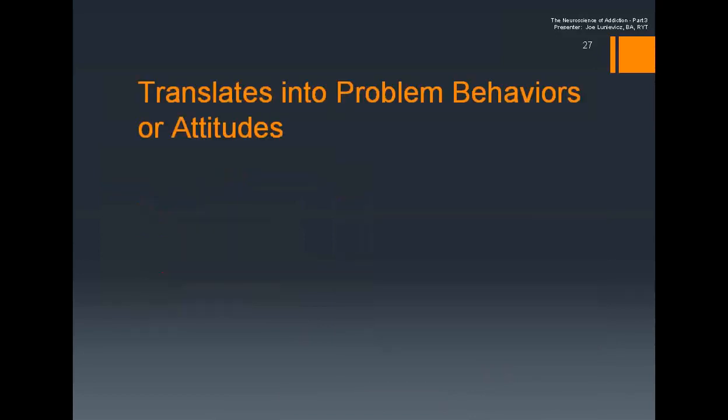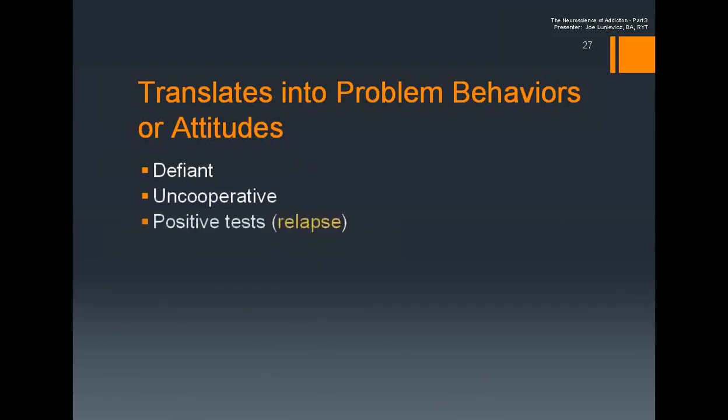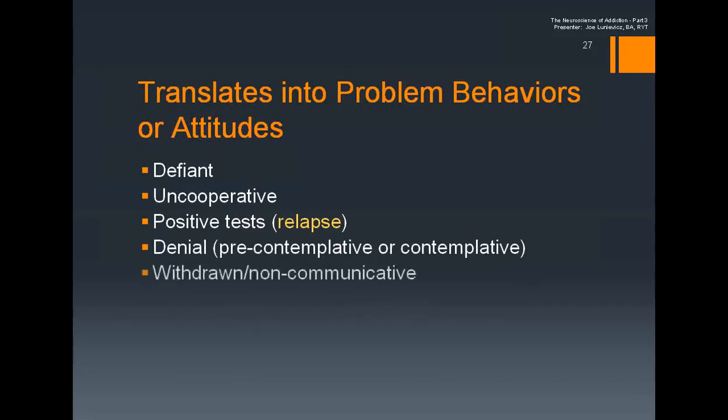So this translates into problem behaviors or attitudes, and we may define these things as the participant may be defiant, right, or they're uncooperative. They may relapse. We may think, wow, they're in denial. They're still in pre-contemplation, or they're in contemplation. They're still transitioning. They're not really in stabilization yet. They still haven't figured out that this is something that's important to take care of. They may withdraw, as you've just said. They may be suspicious.